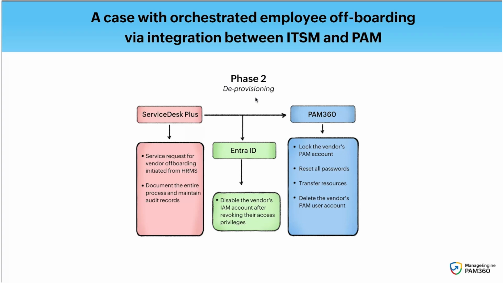The IAM account that was created temporarily is also disabled. Once that is done, the vendor account in PAM 360 is locked. All the passwords that were shared to this vendor are reset, and all the privileges are transferred to a different person of authority or the manager or a different person, right, based on the protocols.